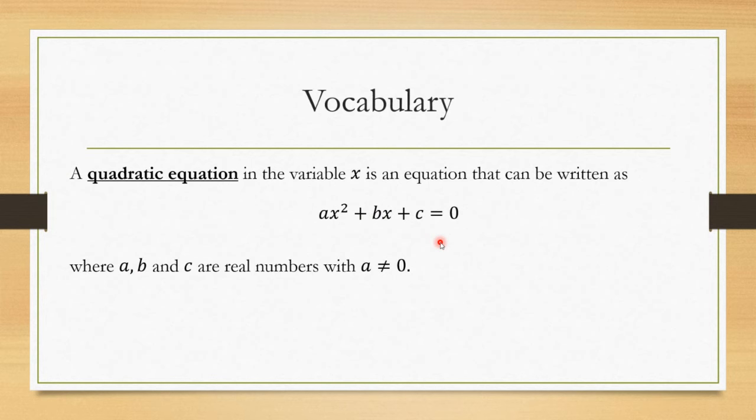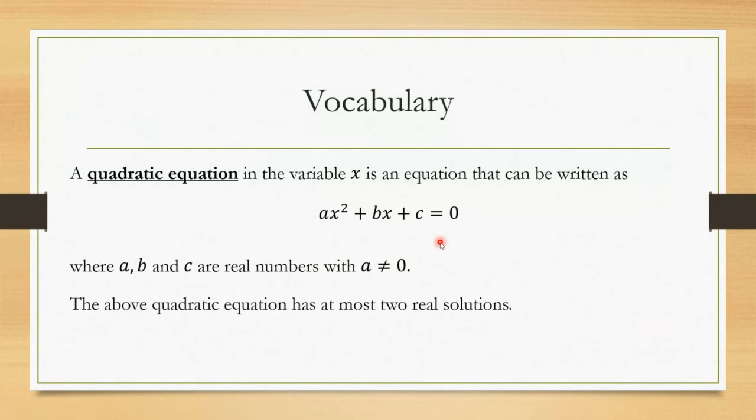Now, we saw with linear equations, there's only one solution. Well, there can only be one solution. Depending on the equation, you may have something that has no solutions. With a quadratic equation, you can have at most 2 real solutions. You might have only one, and you might have none.